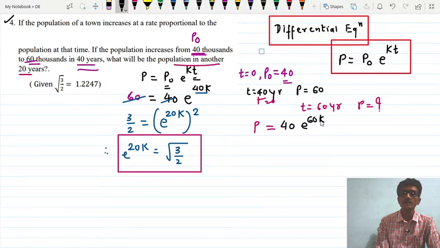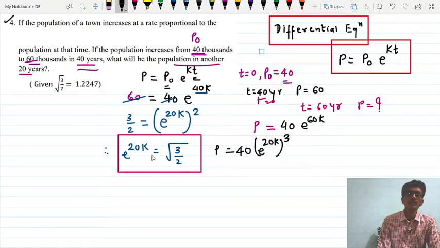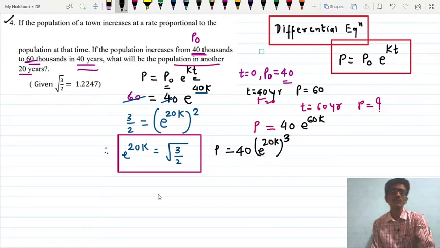So population P is equal to 40,000 into e raised to power 60K. We write 60K as e raised to power 20K and whole raised to power 3. But e raised to power 20K is root of 3 by 2.